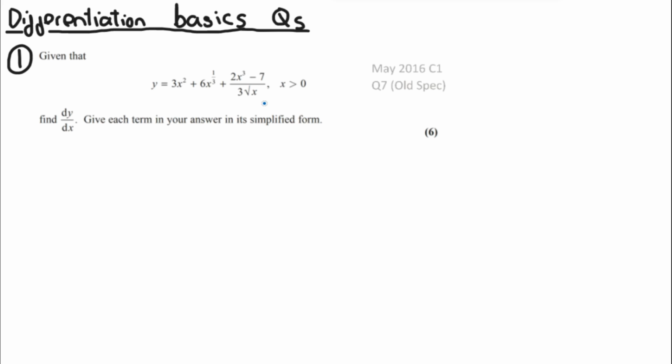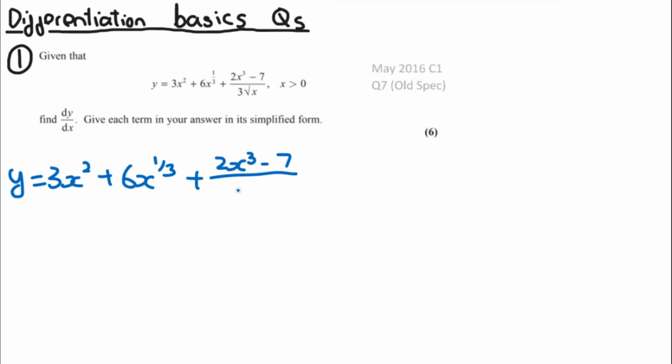Okay, so for question 1, let's rewrite this with the indices. So we need to write it as, so let's write the whole thing, y is equal to 3x squared plus 6x to the power of 1 over 3, and then plus 2x cubed minus 7 over 3x to the half.